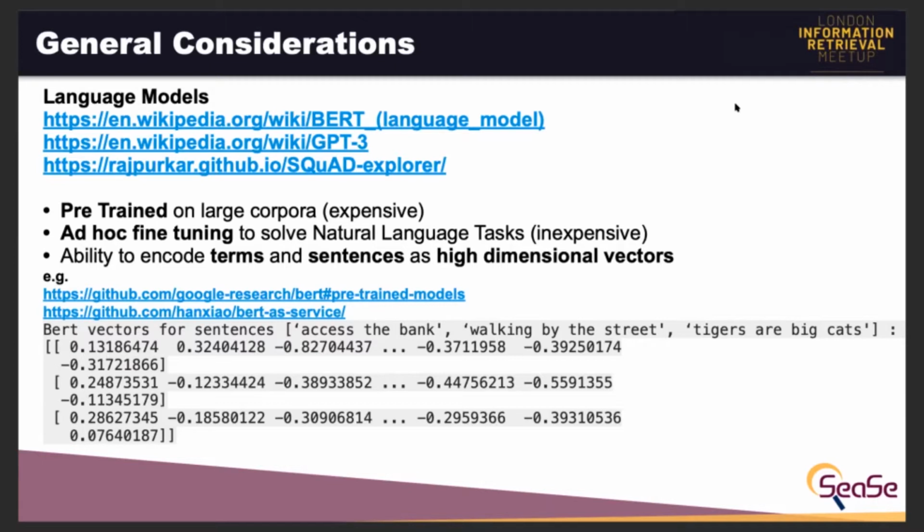And this year, GPT-3 got a lot of popularity even from mainstream media, because it was basically possible to reproduce human-like articles written effectively by a language model.